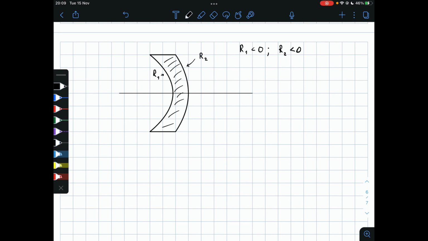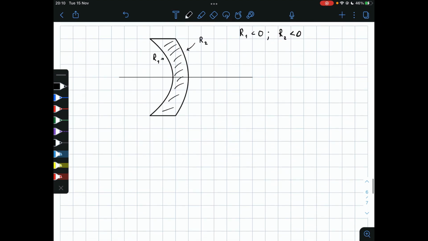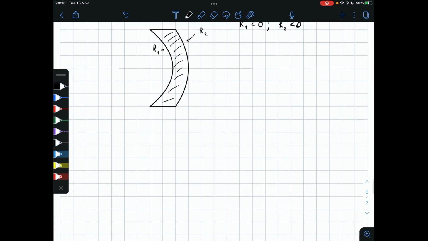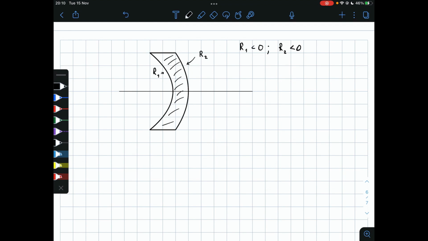Now let's write the lens maker's formula. Will the power of the lens, or focal point, be a negative number or a positive number? Let's say also that the module of R2 is bigger than R1.